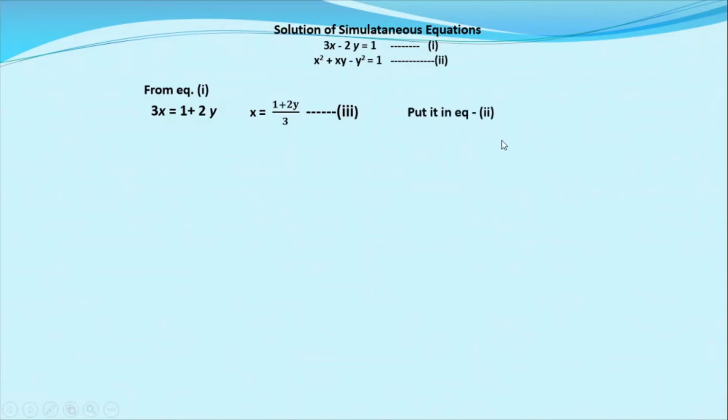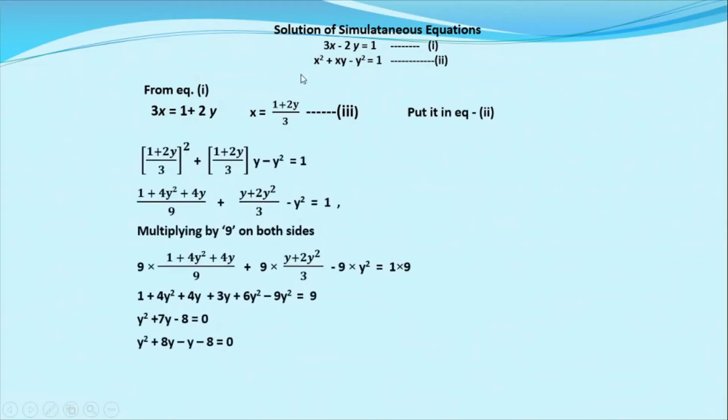Put it in equation 2. So x square, the value of x square was (1 plus 2y) over 3, whole square. Value of x plus x into y, this is the value of x we have found from the first equation, into y, minus y square is equal to 1.